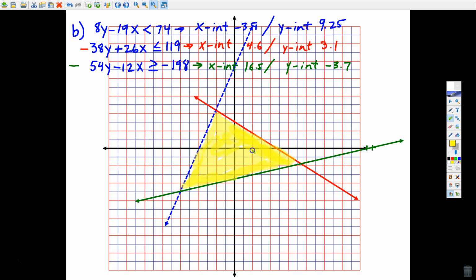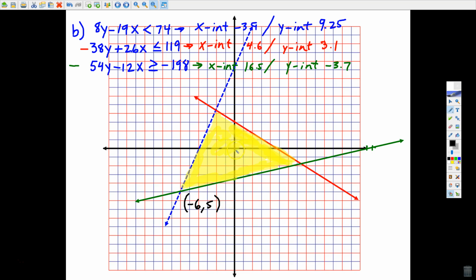Now this is where you may be a little bit off. I hope you're pretty close, but I'll tell you what the book says the vertices are. Looks like I'm right on one of them. One of the vertices is negative 6, negative 5. 2, 3, 4, 5. Right on that one. Okay.